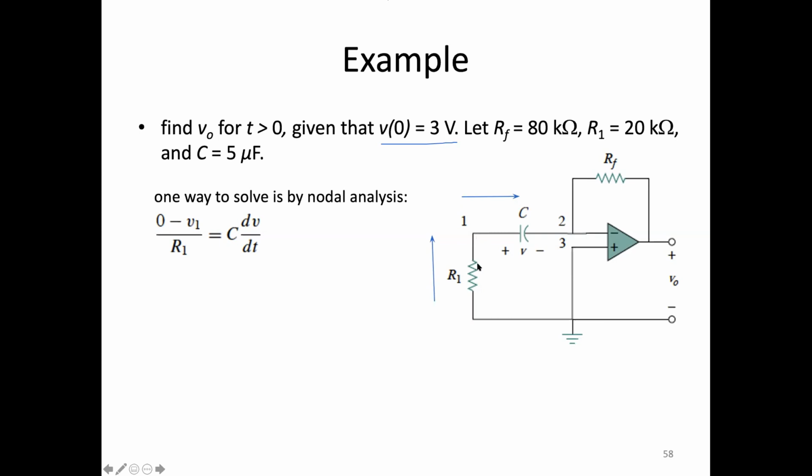So the current flowing from this point to this point is 0 because this node is grounded, minus V1 divided by R1. And the current through a capacitor is equal to the capacitance times the derivative of the voltage V. And so minus V1 over R1 has to equal C V prime.